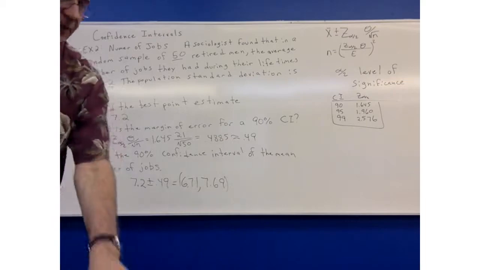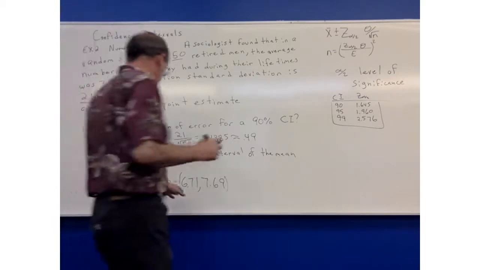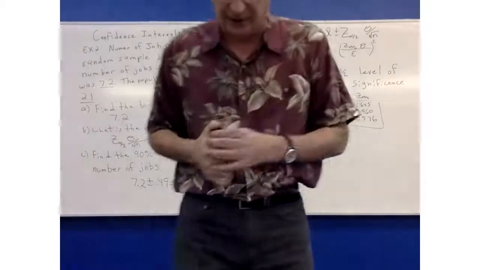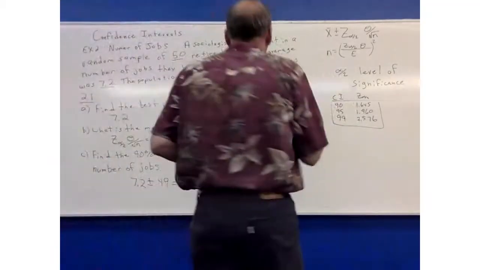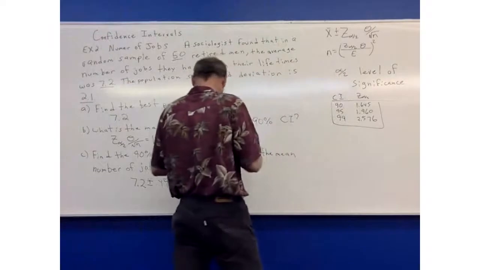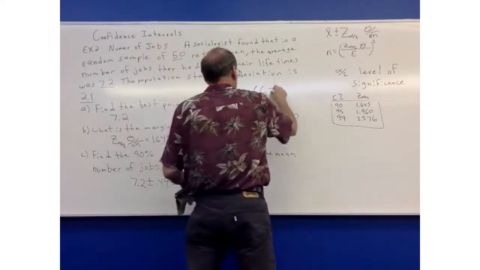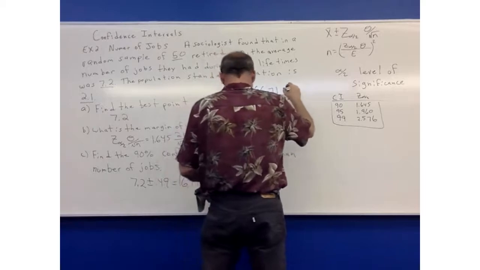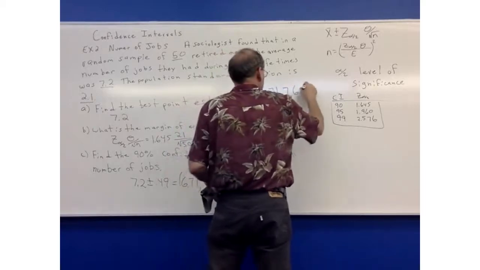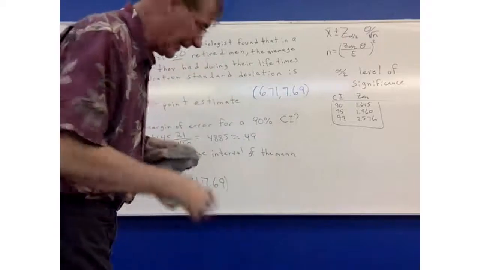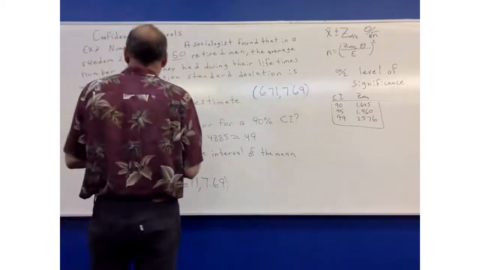Okay, I'm going to keep this. I'm going to put it right here. And again, I want to change colors, so this will be easy to find in the future. 6.71, 7.69.